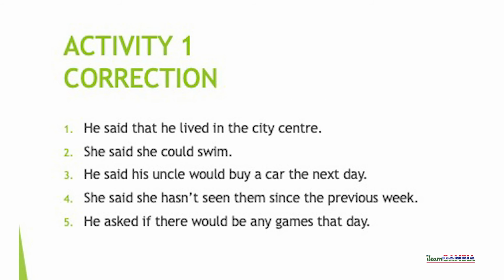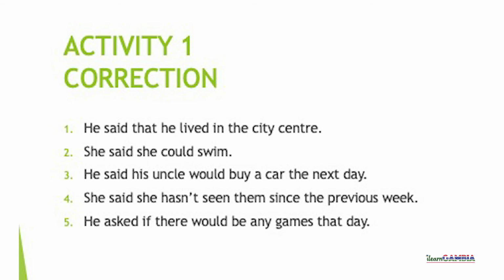Good. So these are the corrections of activity 1. Now, if you have done the activity, compare your answers with these corrections you have. He said that he lived in the city center. That is the indirect speech form.